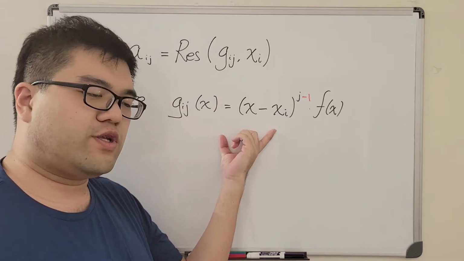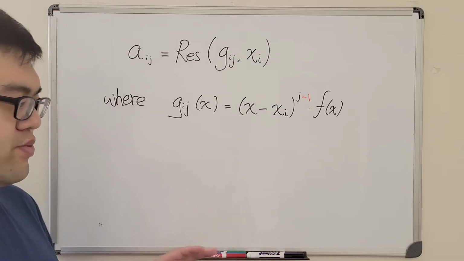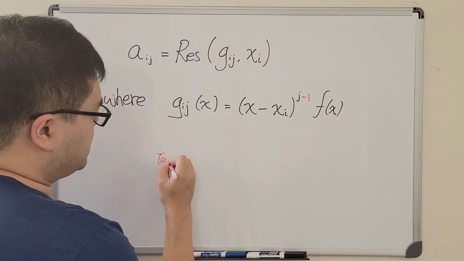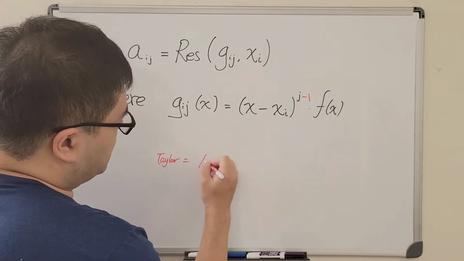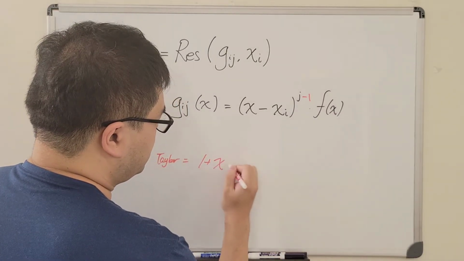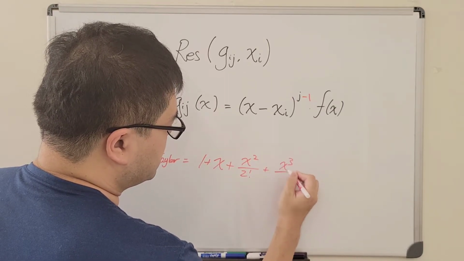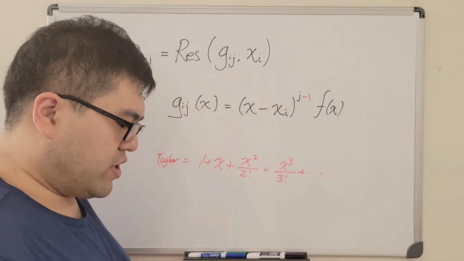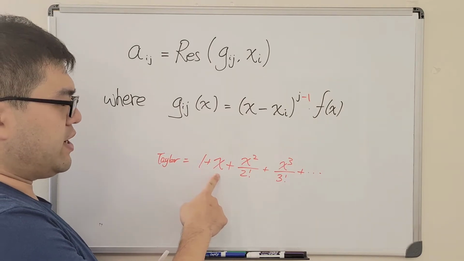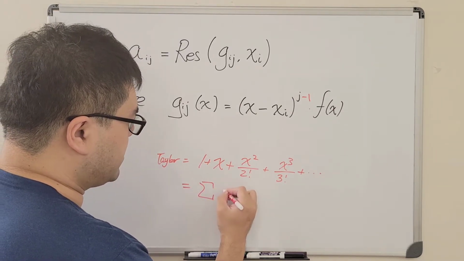Well, it is based on the uniqueness of the Laurent series, also known as the complete version of the Taylor series. A Taylor series can look like 1 plus x plus x squared over 2 and so on, all the way to the n-th term, which is taking the constant term, then the x to the first power term, all the way up to the x to the infinity term.